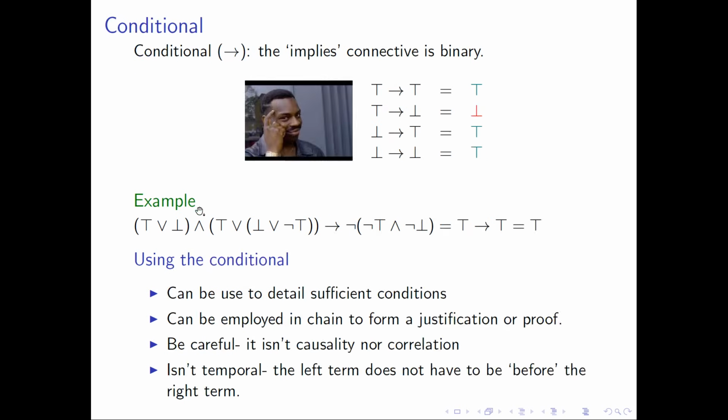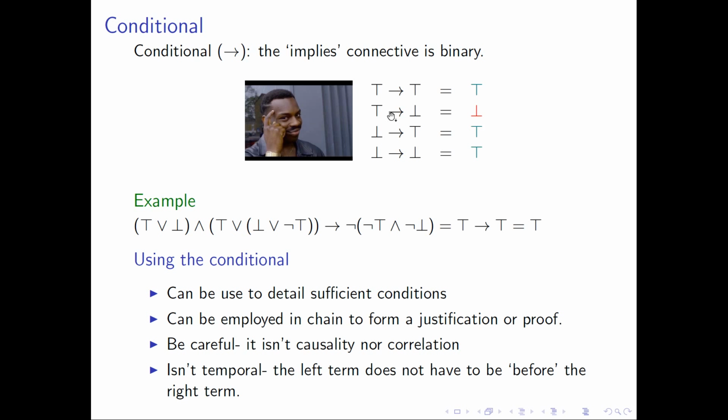Next we have the conditional. This is the implies connective. This one's a bit more complicated. It's not very obvious, and you have to be careful. So here, if the thing on the left-hand side is false, then whatever we get on the right-hand side, our connected statement must be true.